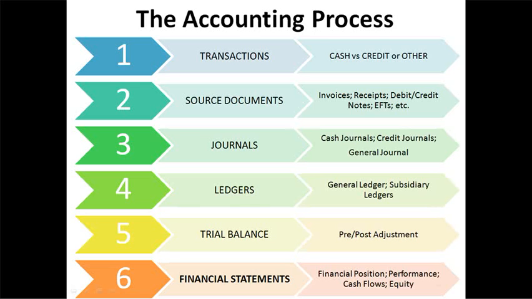Debits and credits are equal, the left and the right are equal, there aren't any errors or suspected errors or obvious errors in the actual accounting process. If we know that the trial balance is balancing, we can then generate the financial statements. And the financial statements will convey a whole host of different information. It could be information relating to the financial position, the financial performance, cash flow and even the equity of that particular business. And that's the accounting process.